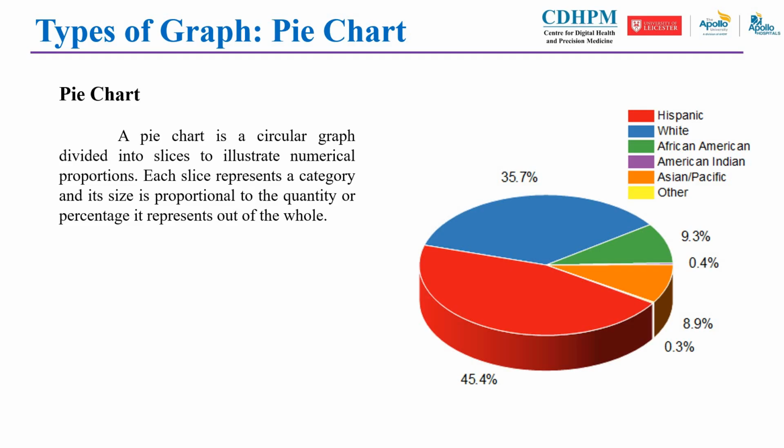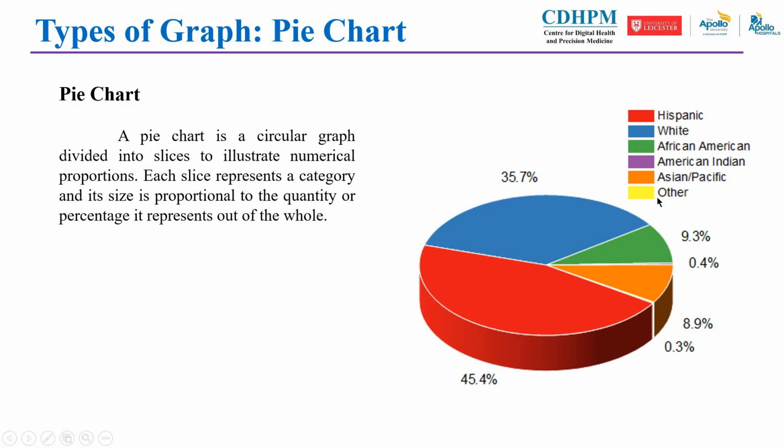It does not have multiple axes. It has labels and one series. This is one series of data, meaning the total of the pie chart always comes to 100%. And how is that 100% distributed among various categories or data points? You can see here Hispanic, white, African American.